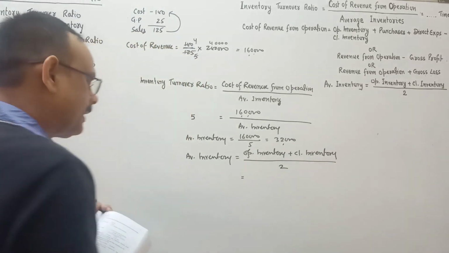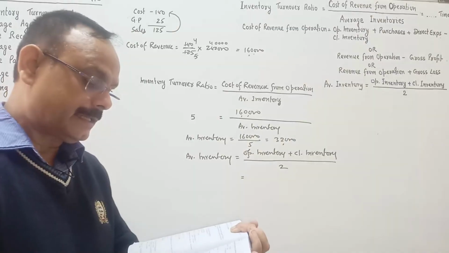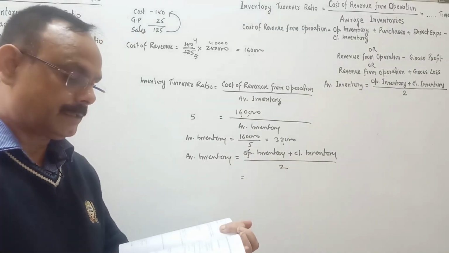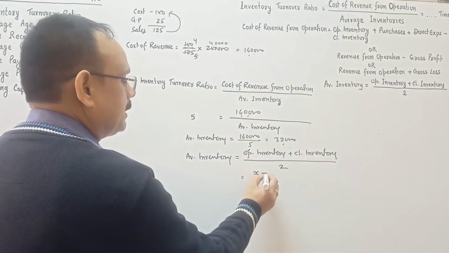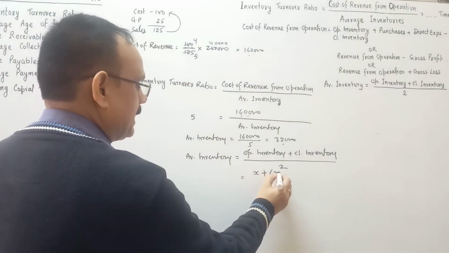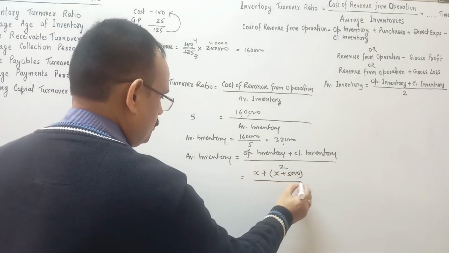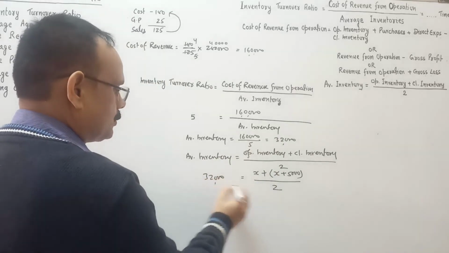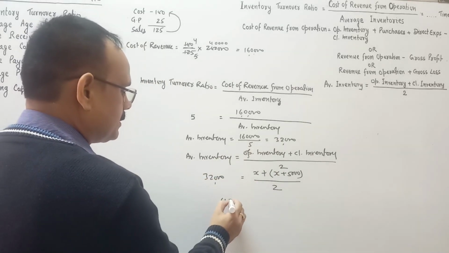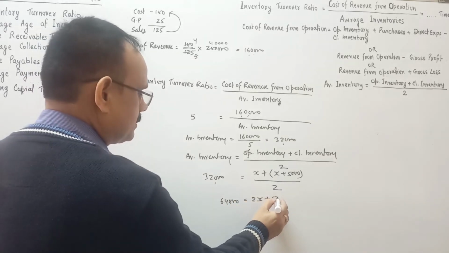The information given in this question is that inventory at the end is 5,000 more than inventory in the beginning. Suppose inventory at the beginning is X, it means closing inventory is X plus 5,000, upon 2, and average inventory is 32,000. So 64,000 is equal to 2x plus 5,000.